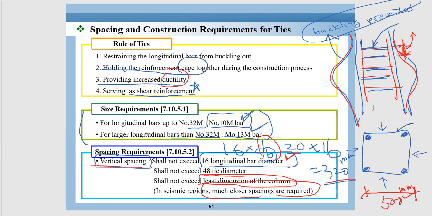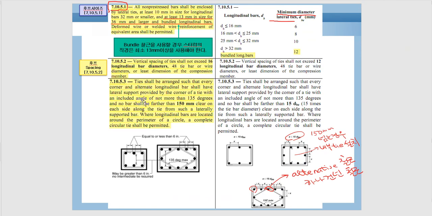The last one is also very important right here, 7.10.5.3. This is a long sentence, and it's kind of difficult to understand before you listen to me. After you listen to me, you will probably understand this long sentence. It is very simple.